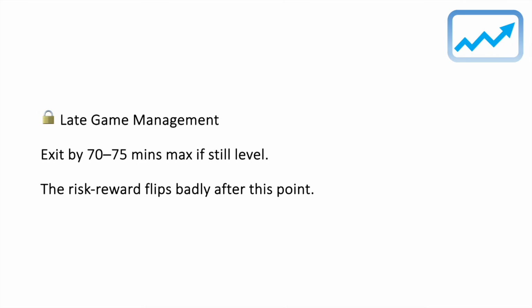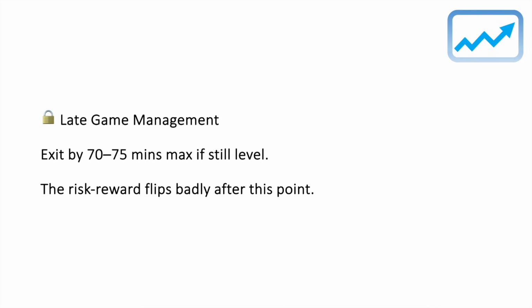So late game management, it gets late in the game and it's still 0-0. Now my advice with my strategy, exit, maximum 75 minutes. 70 to 75 minutes tends to be where both teams are starting to get a bit uneasy.